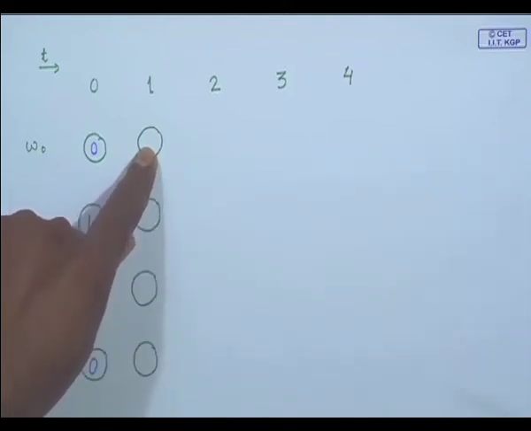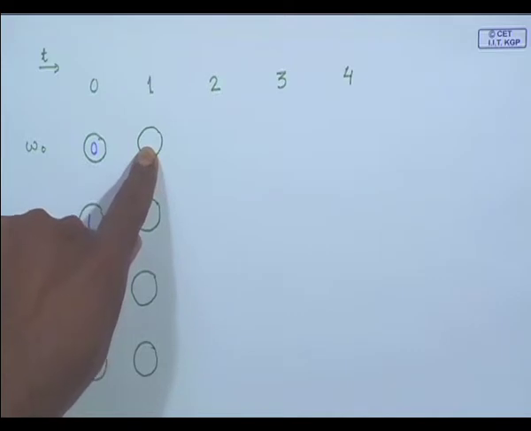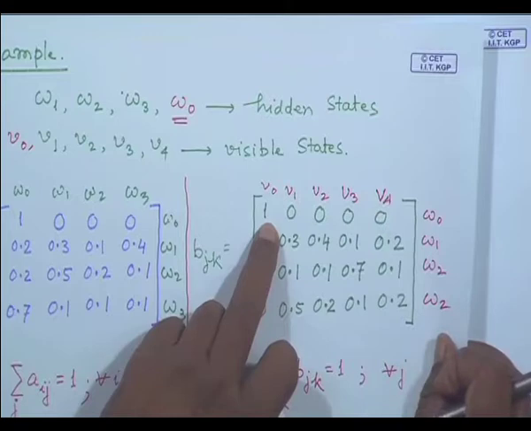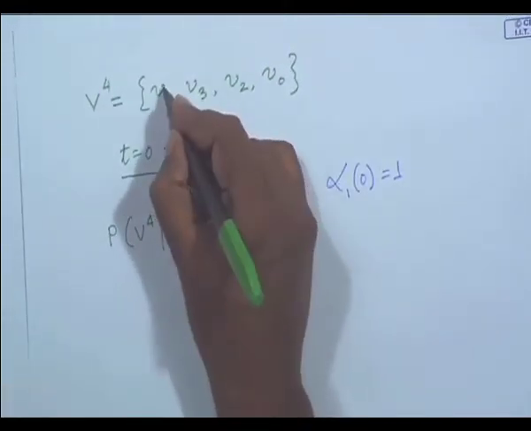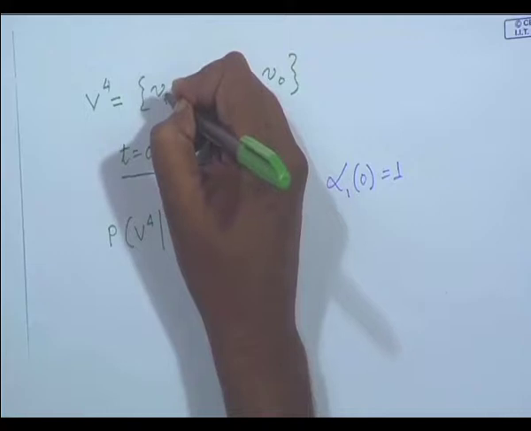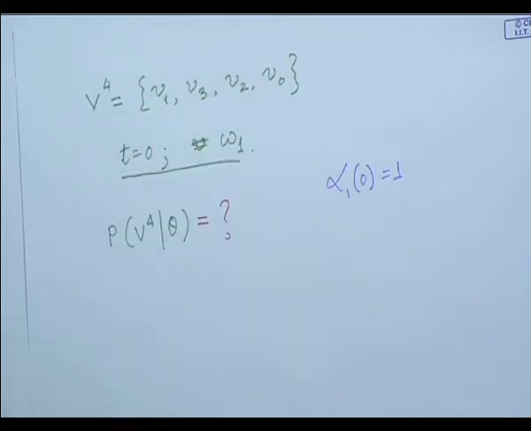And what is the value of V 1? If you look at this B j k V 1 and look at the sequence of symbols that I have, at time step t 1, the visible state is V 1.